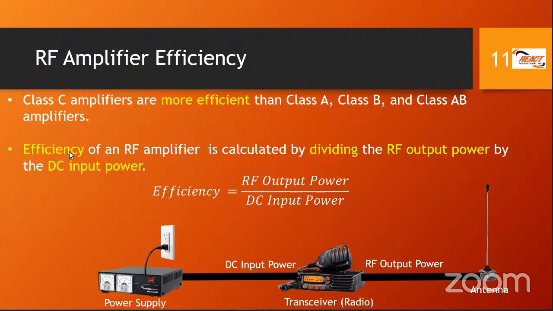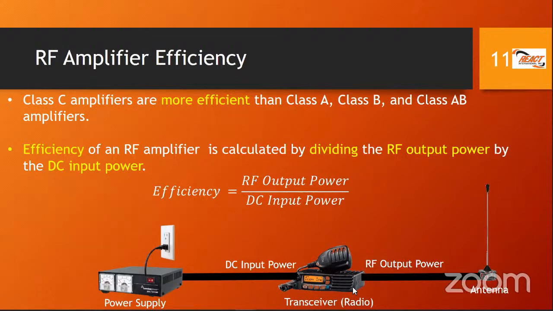Well, we say here that efficiency of an RF, meaning radio frequency, amplifier is calculated by dividing the radio frequency output power by the DC, or direct current, input power. At the bottom here, we have a diagram: a power supply plugged into the wall, delivering DC power into our radio, our transmitter, and the transmitter is delivering RF power to the antenna.